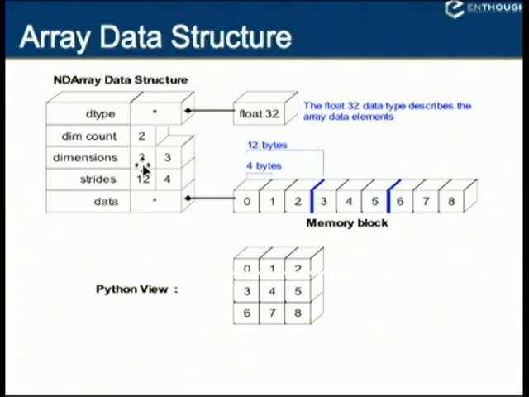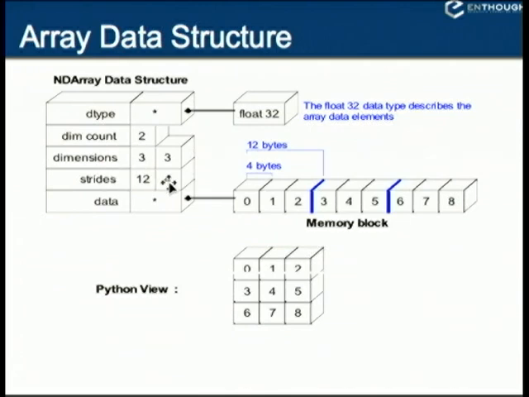The first thing you have is a dtype, which is a pointer to some NumPy dtype object, in this case a float32 dtype. Dim count is 2, so it's a two-dimensional array. And then you have your dimensions and strides. Dimensions is 3 by 3.